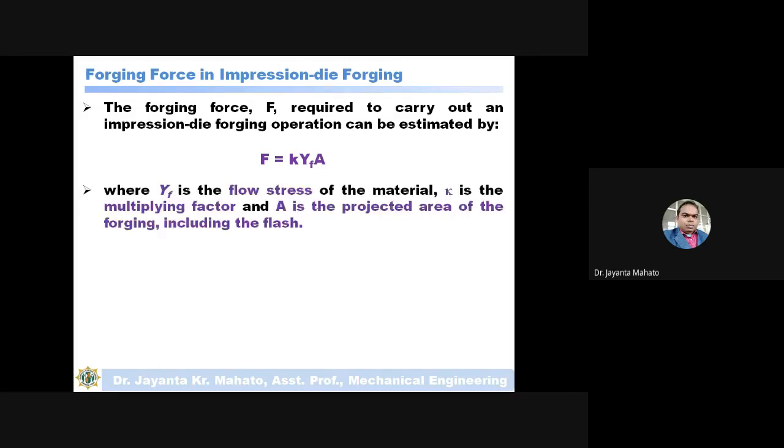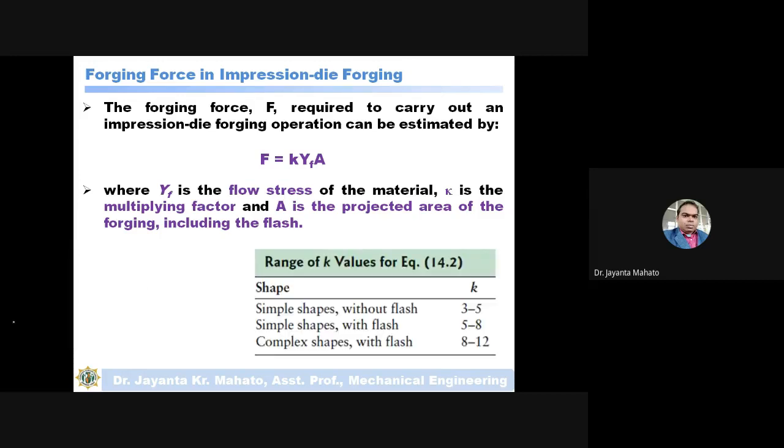Here K is the multiplying factor, and it is constant for different shapes and geometry. YF is the flow stress, and A is the projected area of the forging, including the flash. Hence the total projected area.